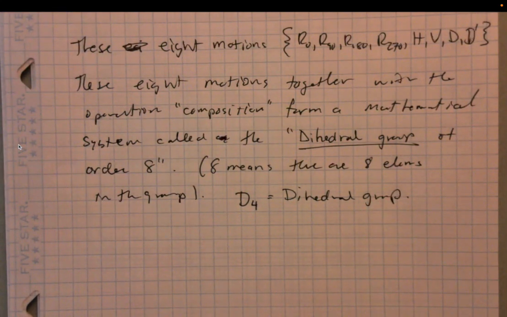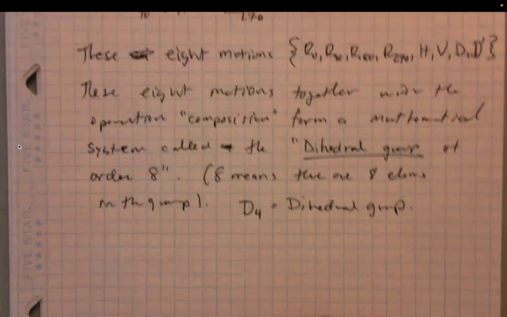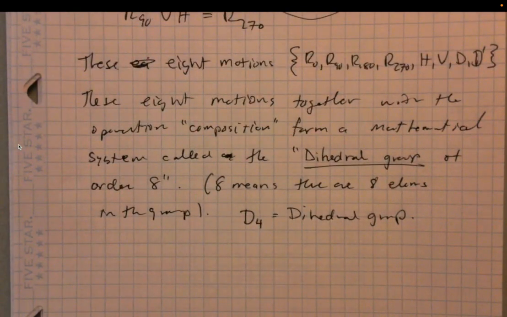Now, the next thing, there's a fascinating structure to this group, and we want to explore it a little bit, but it's going to be ever so slightly labor intensive, and I'm going to ask you to bear with me. So what we're going to do is build an operation table.